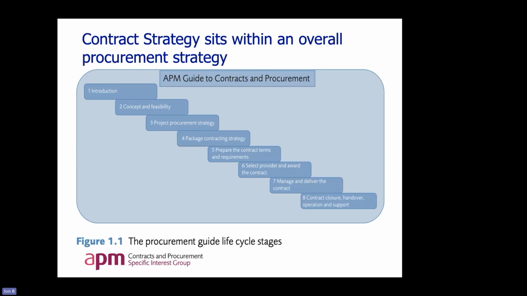If we go down, for instance, a cost reimbursable contract, we might well do that because there is no fixed scope. There is nothing to price at the moment. So how can you award it on a fixed price, if that's not the contract strategy? And then it affects how you manage and deliver the contract, and potentially how you operate it as well.